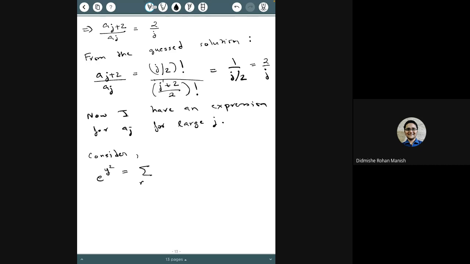I can write this as a series where I sum from n equal to 0 to infinity of 1 by n factorial y to the power 2n.